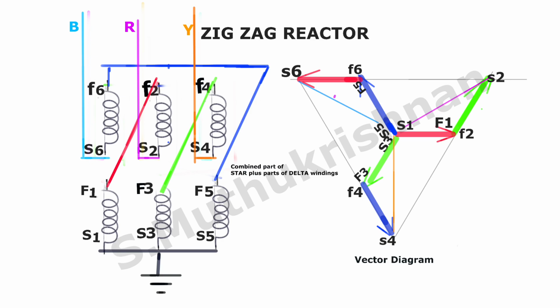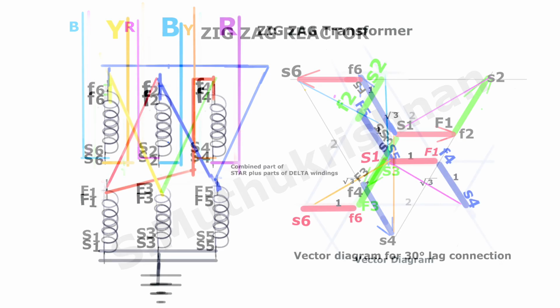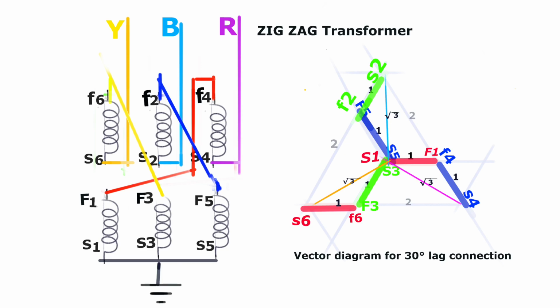If we add different vectors at 60 degrees, we will get the original applied voltage. So for example, S1 to F2: R phase voltage is added to F2, the Y phase reverse voltage, then we will get the resultant R phase to neutral. Here this is a different connection. Instead of F1 connected to F2, we have connected F1 to F4. So here the vector diagram differs.